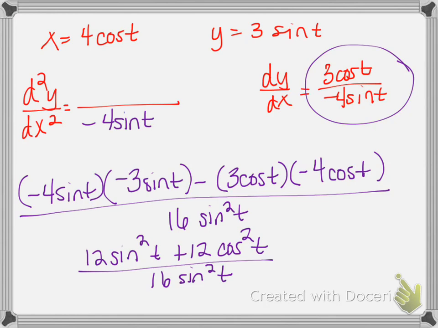And there's a rule about sines and cosines. If you have sine squared of something plus cosine squared of something, that equals 1. And because these are both 12, that means you have a 12 on top. So technically that goes on top up here.